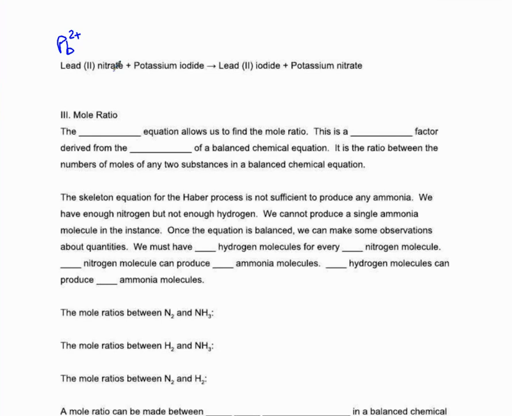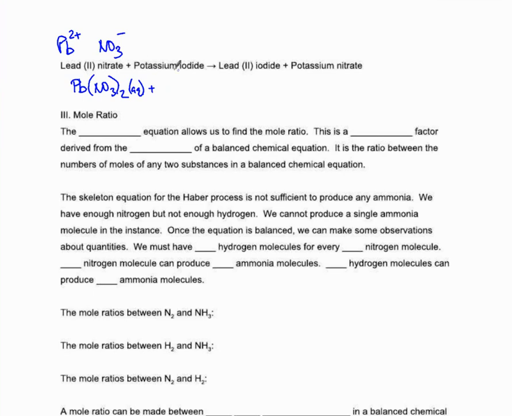It's on the last page. Or you could even check the solubility rules table in the chemical reactions unit. It's also there. NO3 with a -1 charge. When you cross the charges or switch the charges, you end up with Pb(NO3)2. And that's aqueous.